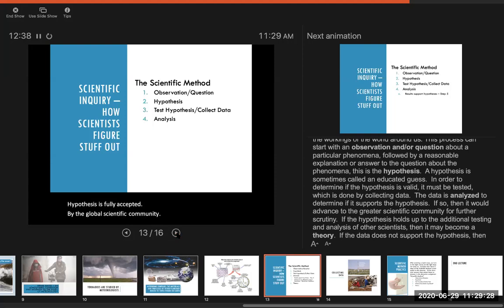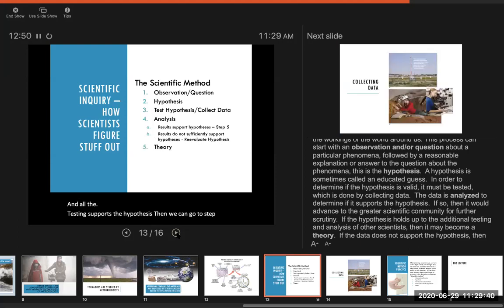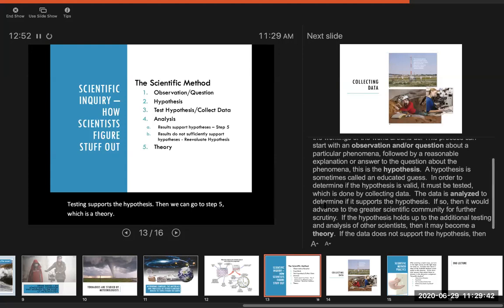If it gets to that point, and all the testing supports the hypothesis, then we can go to step 5, which is a theory. A theory is a very certain explanation for the phenomenon. Something that's been tested, retested, and is not debated by anyone.